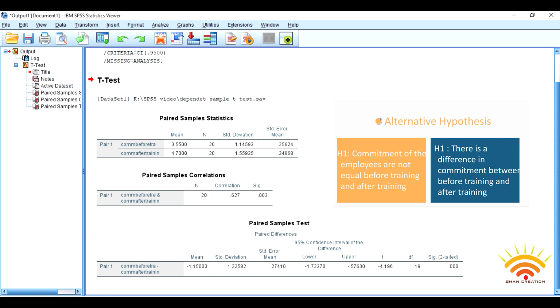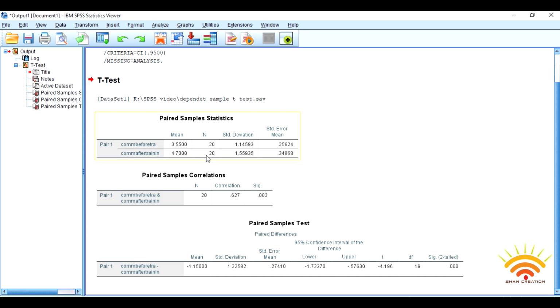Then we can see output 1. Output 1 shows the paired sample statistics. In this output you can see the mean of commitment: before training the mean is 3.5, and after training the commitment is 4.7. Twenty employees were selected to identify their commitment in two different periods, and standard deviations are given.